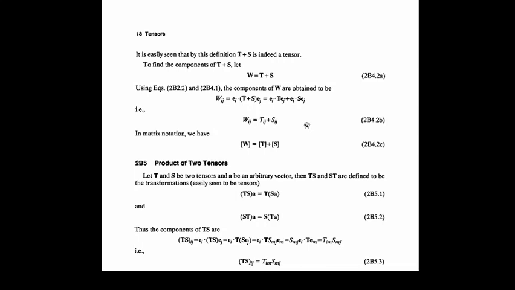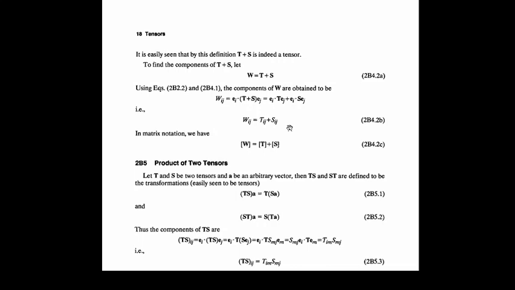You can have the components of W by simply adding the corresponding components of S and T, as we do with matrices. To add matrices, we simply add the corresponding entries and we have the resultant matrix. So the sum of any two tensors is a tensor, and their components can be written this way: Wij equals Tij plus Sij.